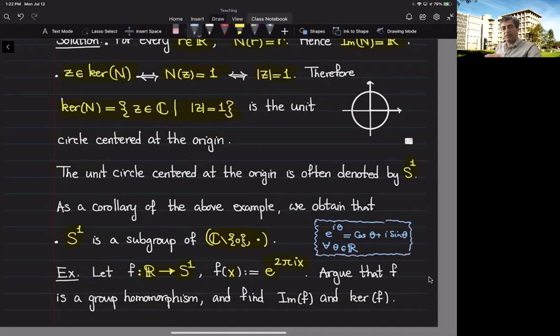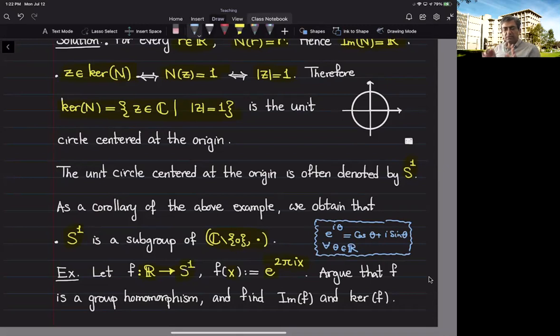So theta gives us the polar coordinates of the point cosine theta, sine theta, and e to the power i theta is the rotation by angle theta. Here I'm defining f by 2 pi times that, so it is 2 pi times i times x.